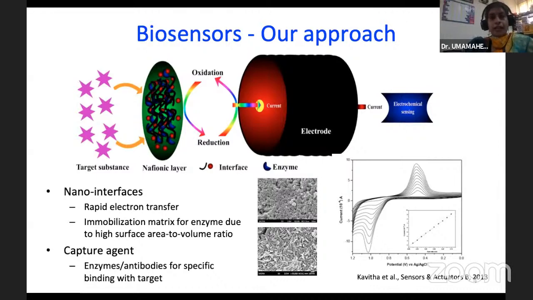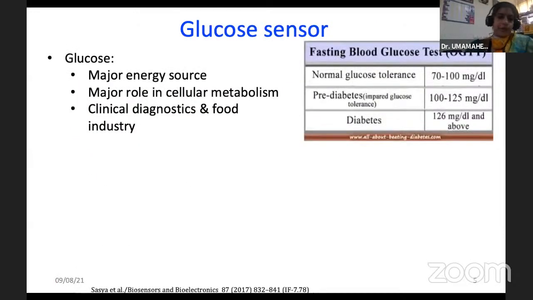So we started with metabolic syndrome. One of our earlier attempts was to create an array sensor, of which one of them was glucose. Glucose, as you all know, is a major energy source of our body. And the glucose levels are never constant.